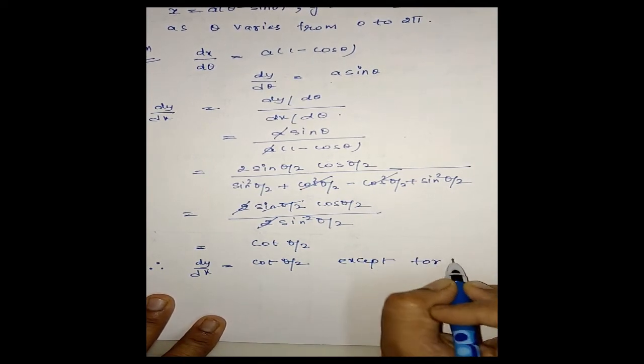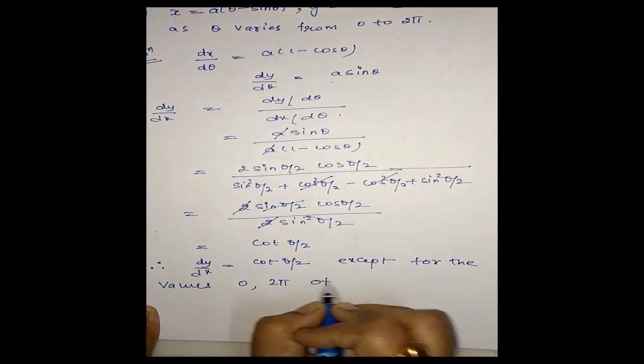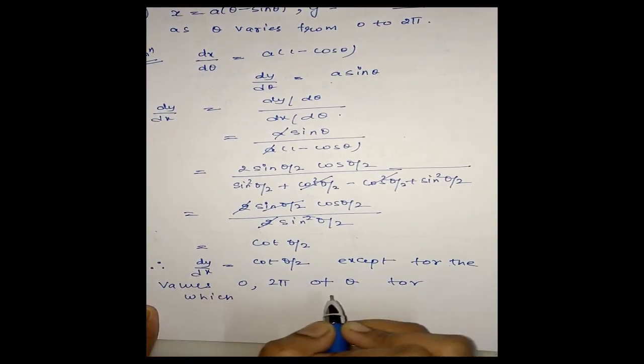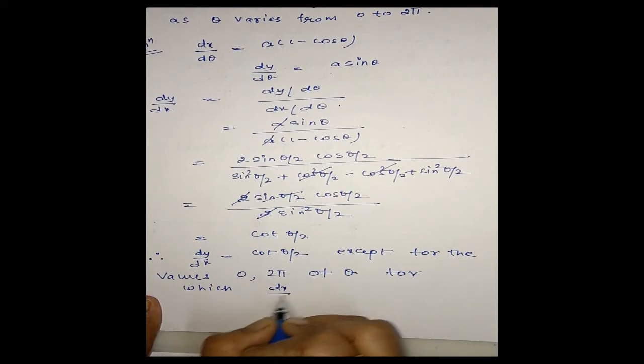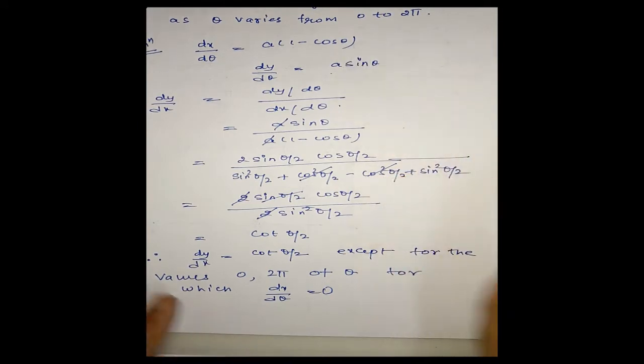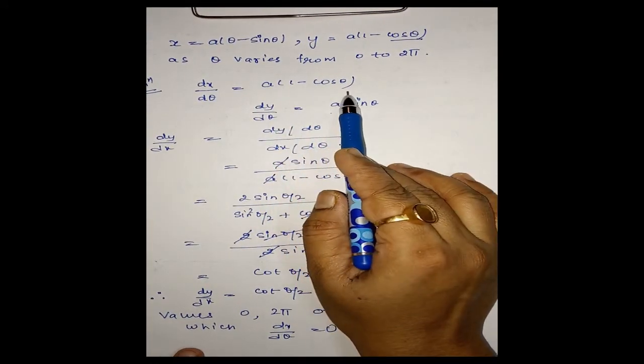except for the values 0 and 2 pi of theta for which dx by d theta is 0. dx by d theta is a(1 minus cos theta).